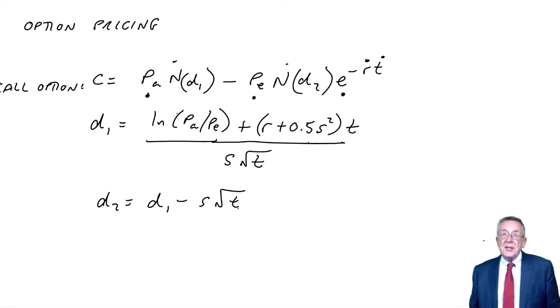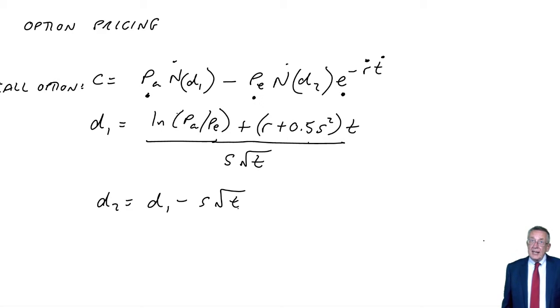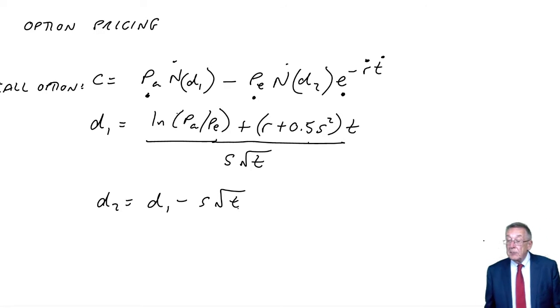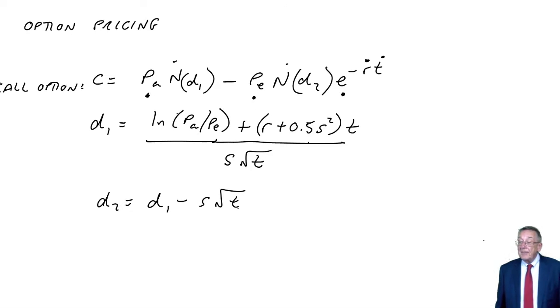N, as you'll see, is telling us to look things up in the normal distribution tables. We looked at them briefly earlier with value at risk, and you're given the tables, and I'll show you how to use them again. But that's what N means, look things up.